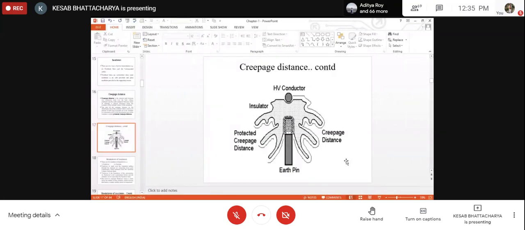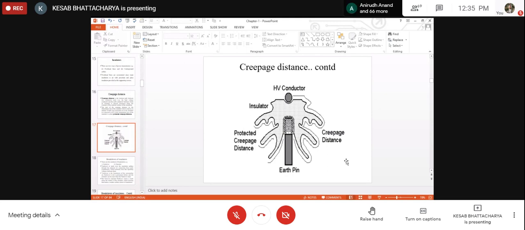Now let us explain what we really mean by the term creepage distance and protected creepage distance. Now the labs are closed.